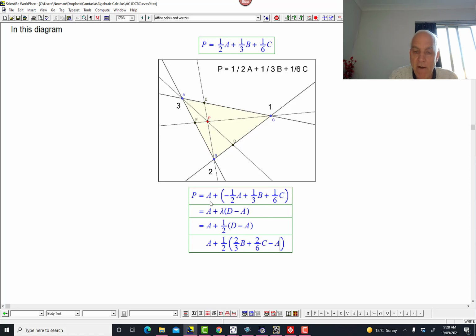So I'm just taking this thing here and rewriting it. I've pulled a half out, so I get a minus A, pulled a half out. So I've got 2/3 B plus 2/6 C. And what does that tell me?